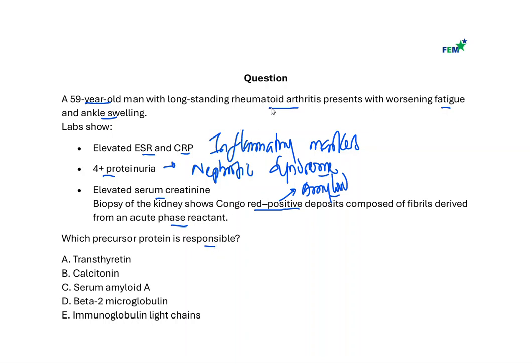Based on the history of long-standing chronic inflammation with evidence of nephrotic syndrome, and a Congo red positive biopsy, this patient likely has serum associated amyloidosis, and the best answer there will be C. Let's see why.